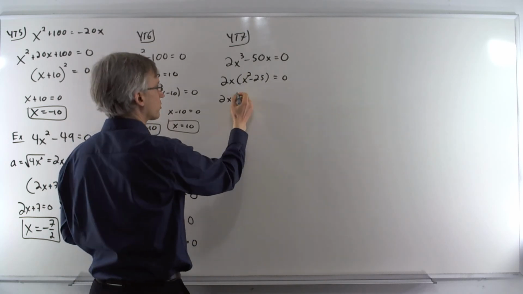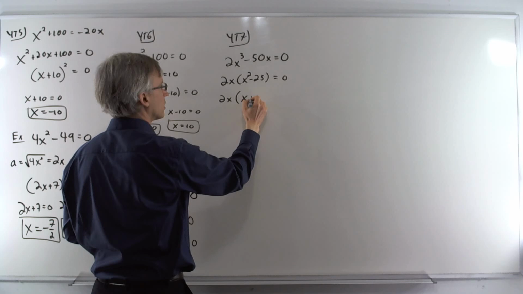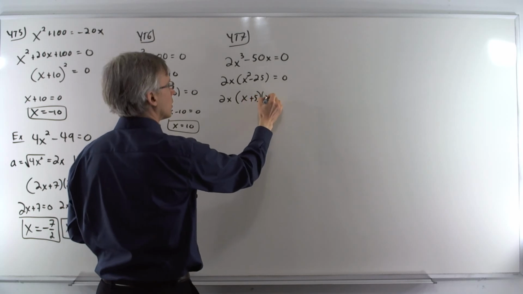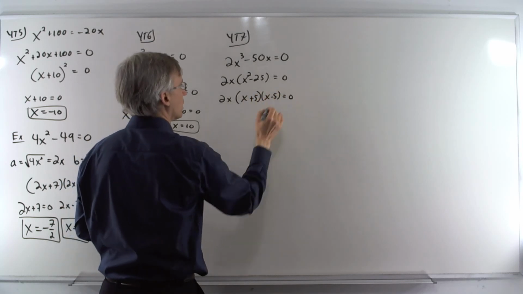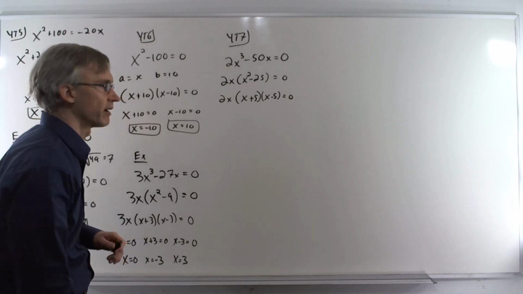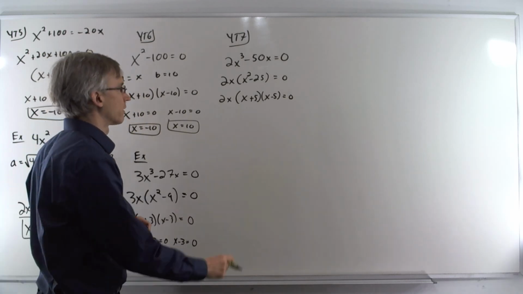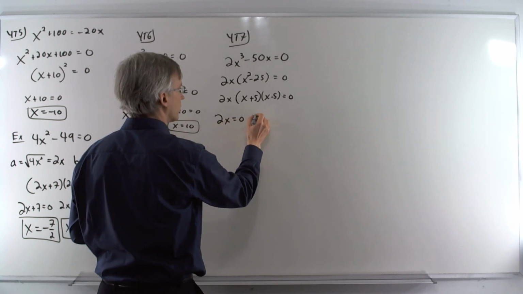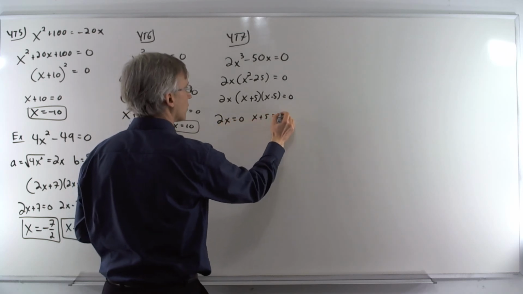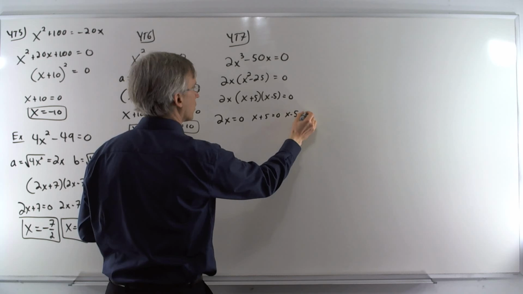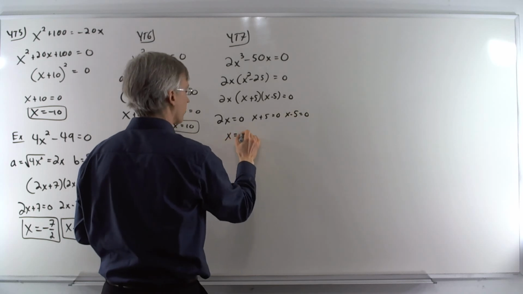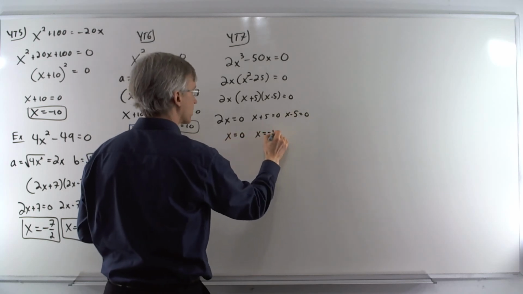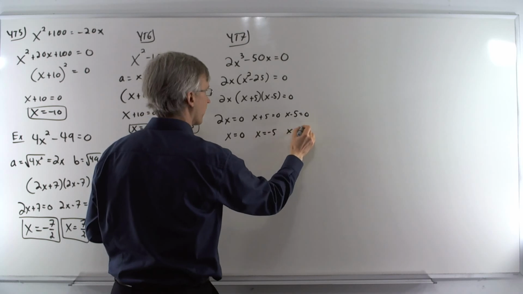Now we've got difference of squares here. And that factors into x plus 5, x minus 5. Now you've got 3 factors. We'll set all 3 equal to 0. Solving, we get x equals 0, x equals negative 5, and x equals 5.